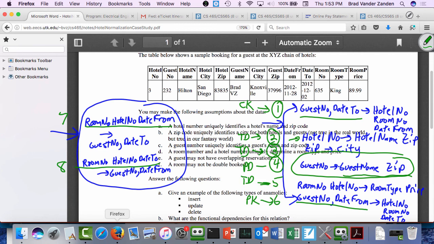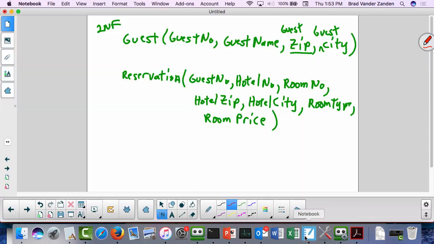So I'm going to use 2, 3, and 5 to do my decomposition to third normal form.